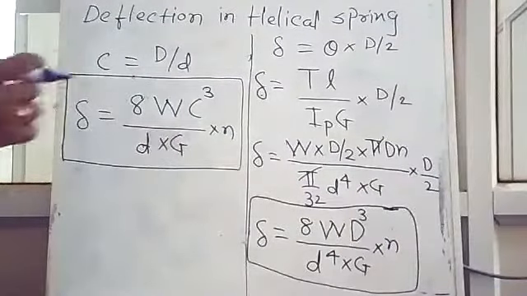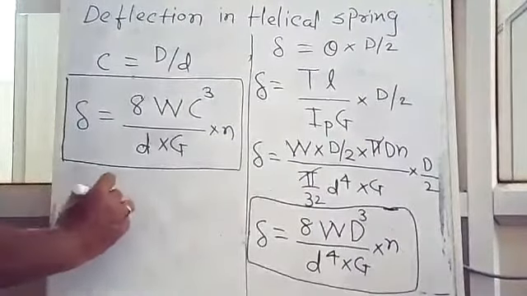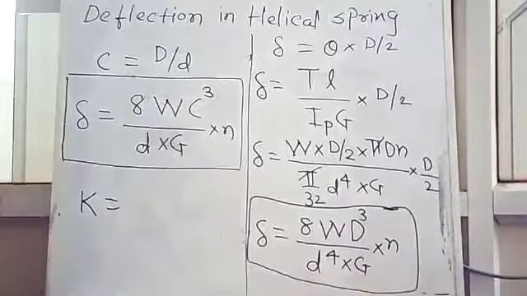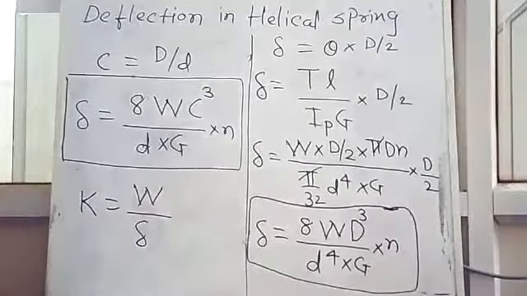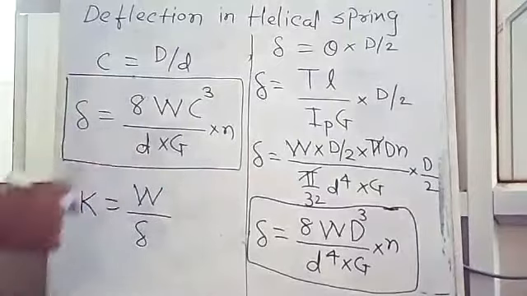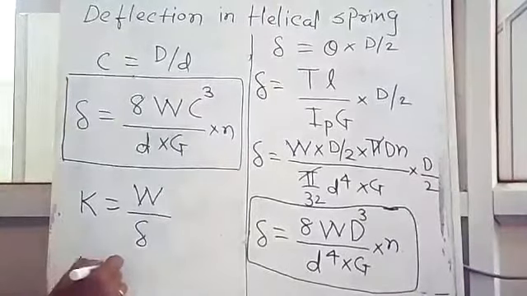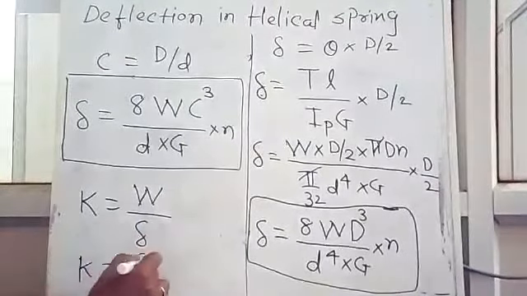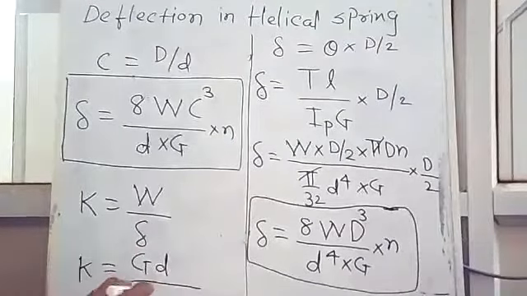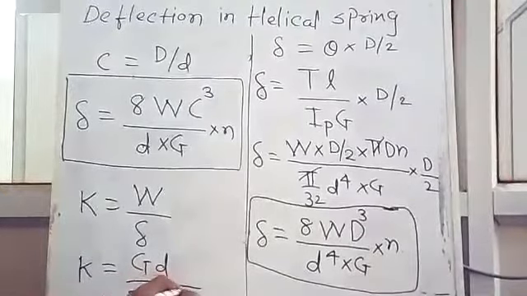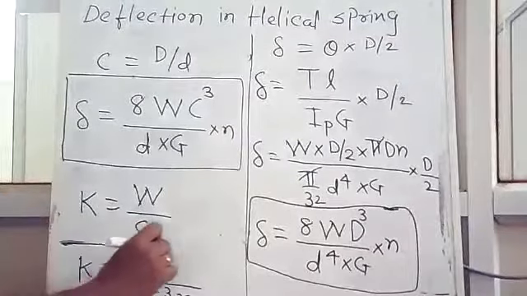This particular deflection is important when we think about the spring stiffness or spring constant. So spring constant is generally W by delta. Okay, so if I put this W and delta here, then W get cancelled. So the K, the stiffness, that can be defined like this: G into d divided by 8 C cube into N. So this is the constant for a particular spring.